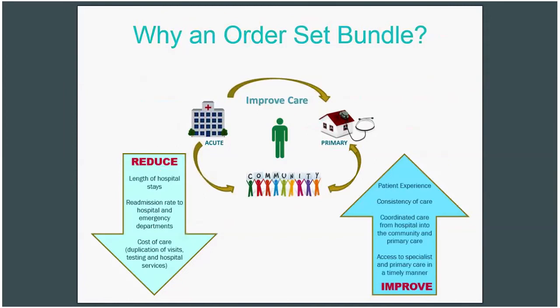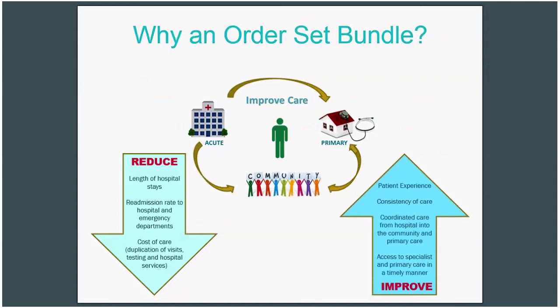Just a brief refresher for those of you who are new on why an order set bundle. Those of you who are not can close your ears to this. It really is the big wave across Alberta Health Services and many health systems, with pathways showing improved care from acute to primary, and transitions to community. In all, it reduces hospital length of stay. We're hoping to reduce rates of readmissions to hospitals and emergency departments.